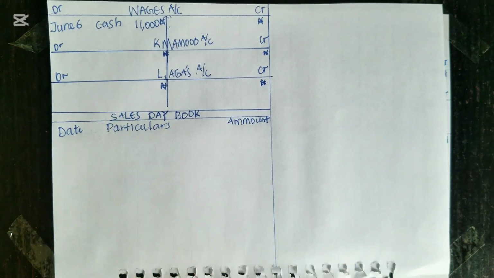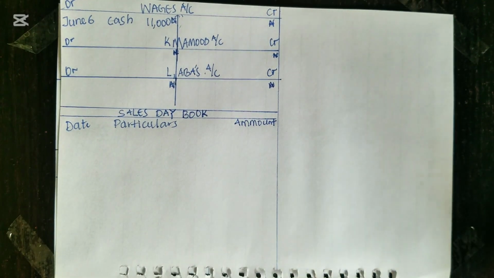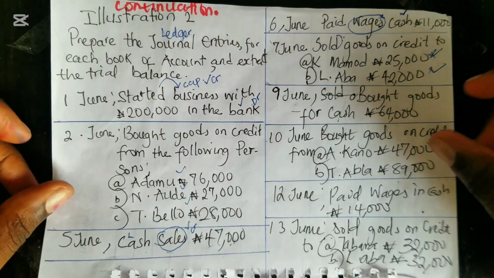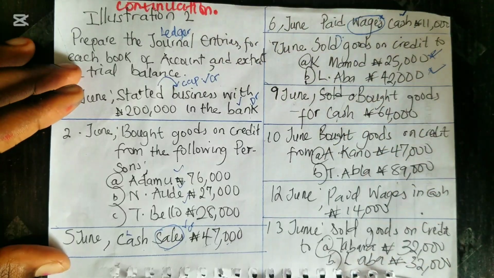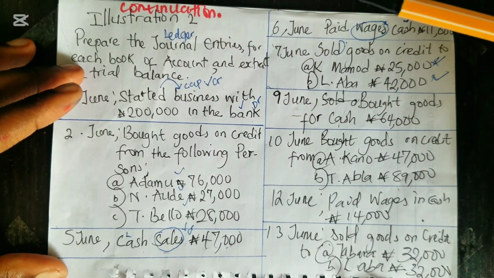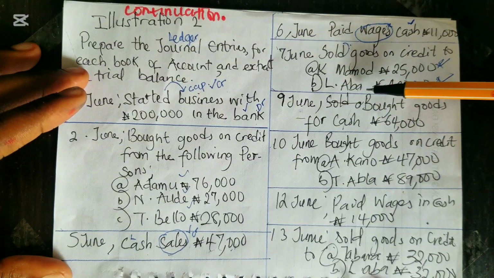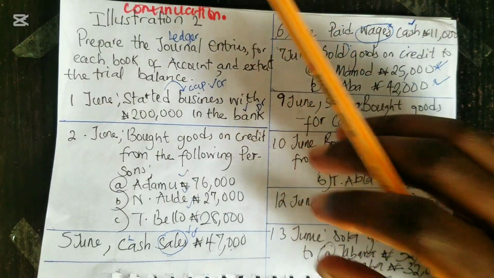So now, like I said earlier, during the preparation of purchases daybook, the thing we have to do now is to actually find out how many credit sales we have, so we can know how long our sales daybook is going to be. So we have one credit sales here. Let's see if we have under credit sales. We have under 13th June.